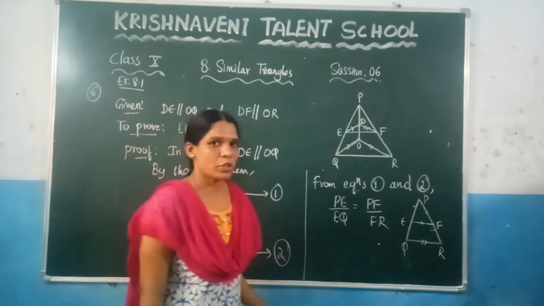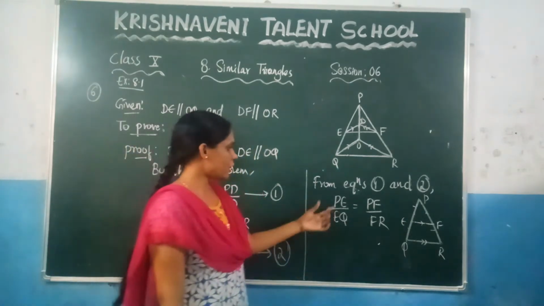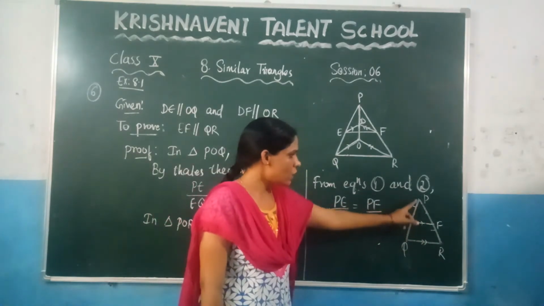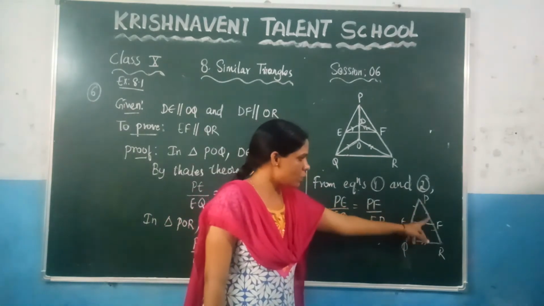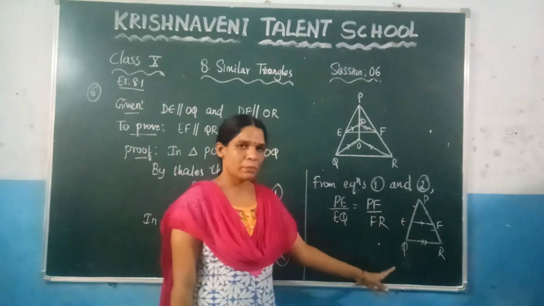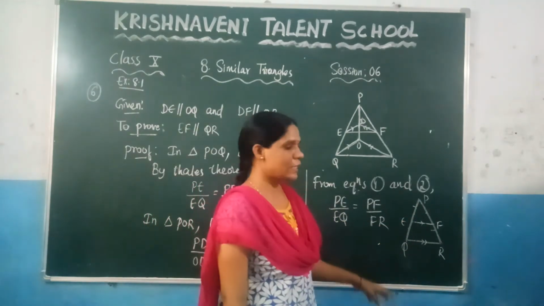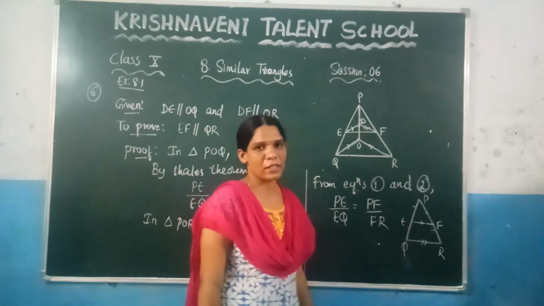Now you need to choose in which triangle you are getting these values. So if you consider the triangle PQR, you will get PE by EQ is equal to PF by FR. So again by the converse of the basic proportionality theorem, you can say that EF is parallel to QR.